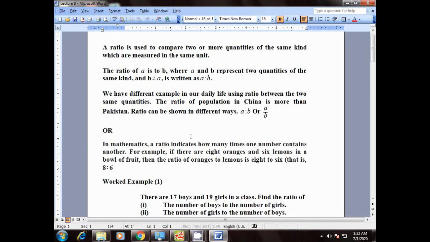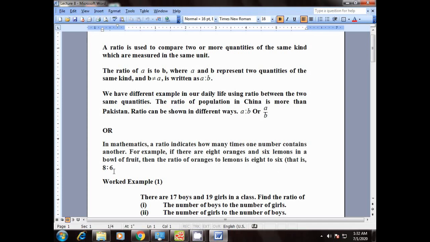We have another definition for the term ratio. In mathematics, a ratio indicates how many times one number contains another. For example, if there are 8 oranges and 6 lemons in a bowl of fruit, then the ratio of oranges to lemons is 8 to 6, and that is 8:6.